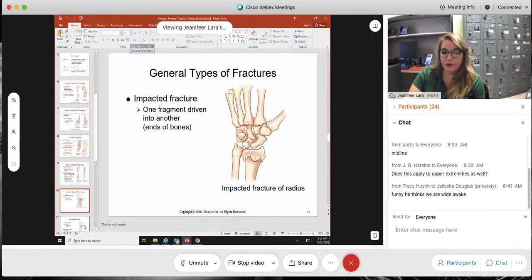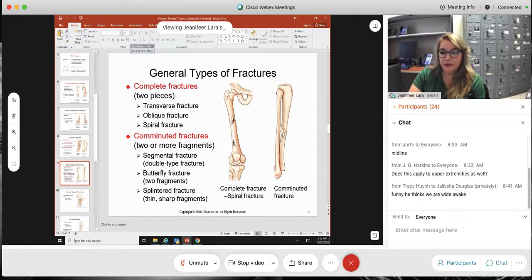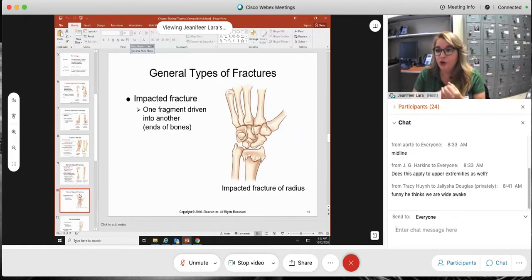Impacted fractures. So comminuted is usually by way of crushing. Usually something fell and crushed it, something very heavy, and crushed your bone. Impacted fractures are going to be, specifically, when you are bracing yourself from a fall. Can you see how this fracture became what's called an impacted fracture? Can anybody explain to me why that is? What does it look like? What are we looking at right here, Betty?